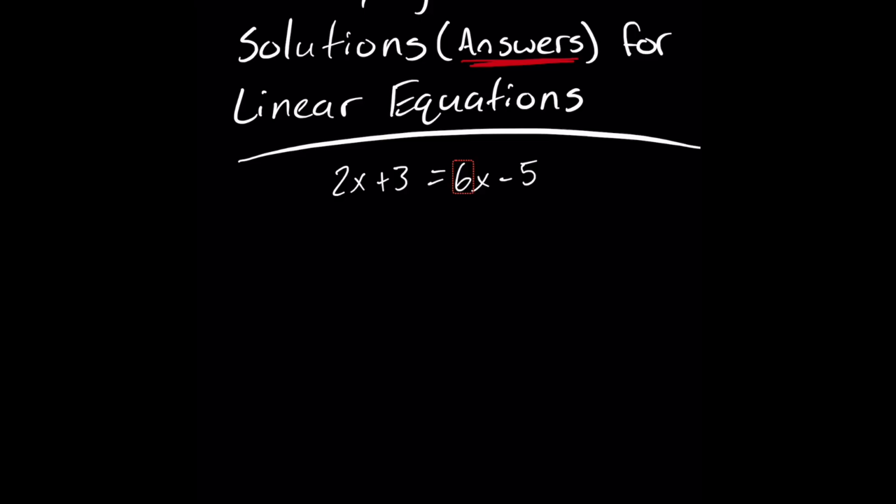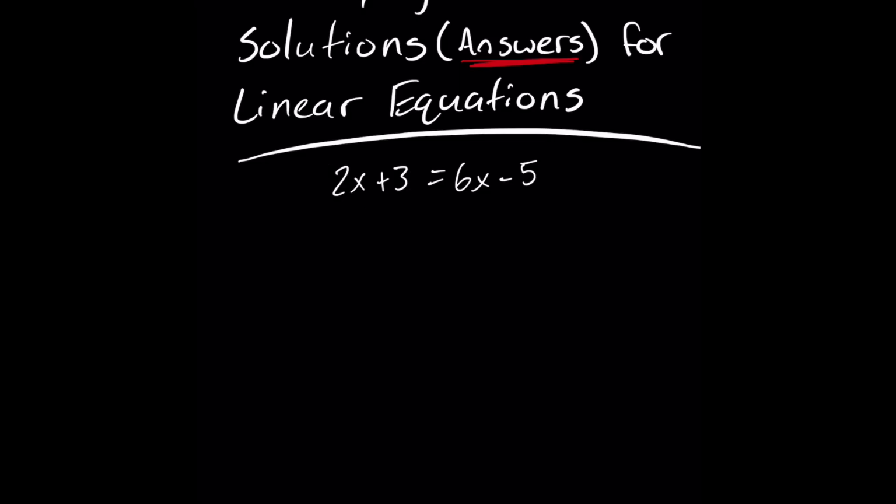But this entire thing is a linear equation, all right? Why is that? Because this over here is a linear expression. This over here is a linear expression. They're being said to be equal, so in turn, they make a linear equation, all right?